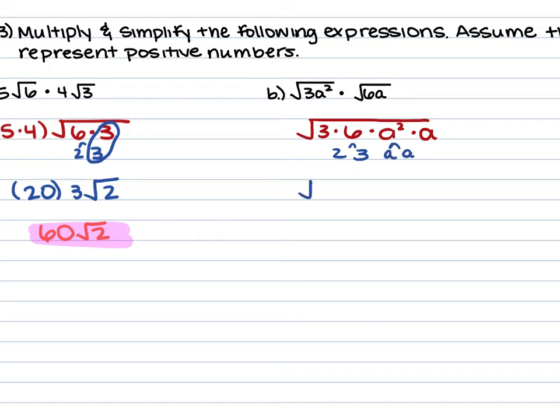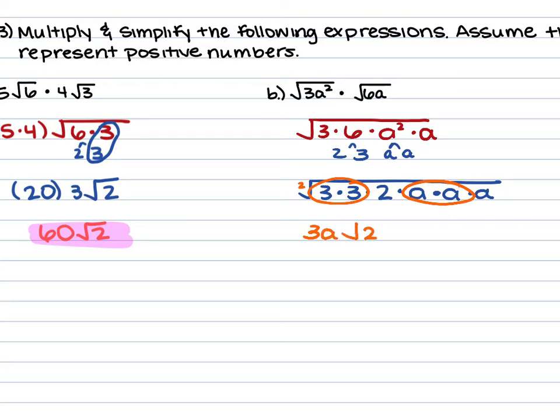So again, I'm going to rewrite this as 3 times 3 times 2 times a times a times a. My index is an invisible 2, so I'm looking for pairs or groups of 2 to pull one out. The 3 comes out, the a comes out. We're still left with the square root of 2a. So that's 3a square root 2a.